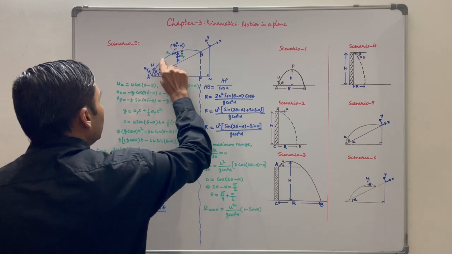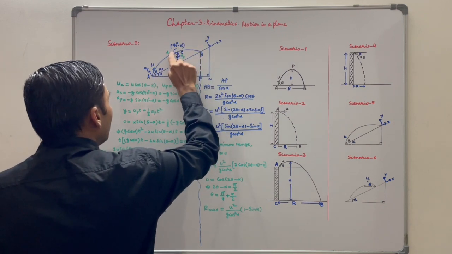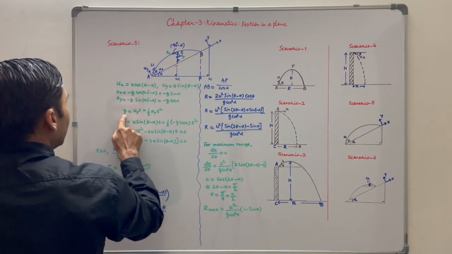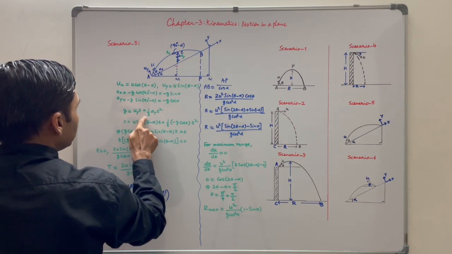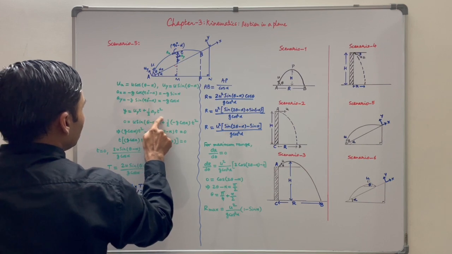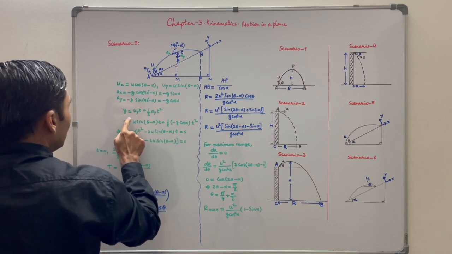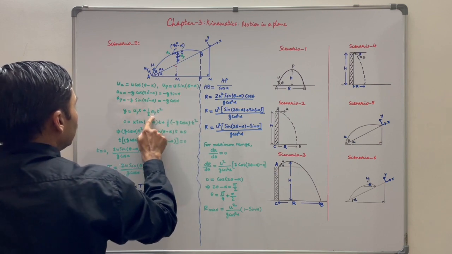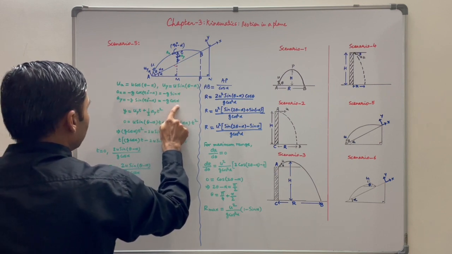Now when the particle hits the plane at B, vertical displacement will be equal to 0. So y is equal to uy t plus 1 by 2 ay t square. y is equal to 0, uy is equal to u sin (theta minus alpha) and ay is equal to minus g cos alpha.